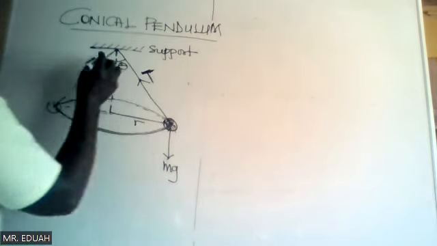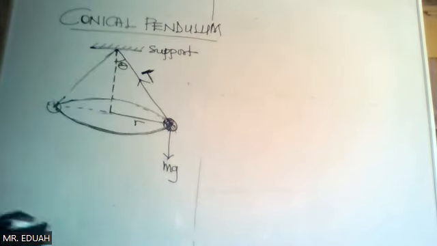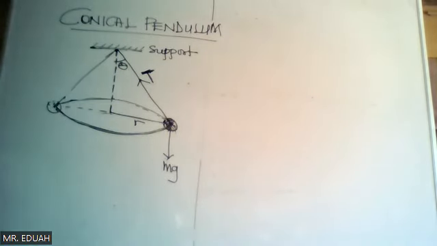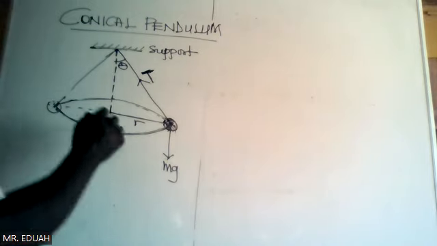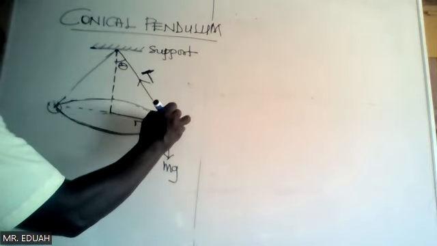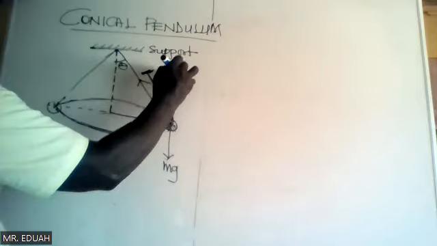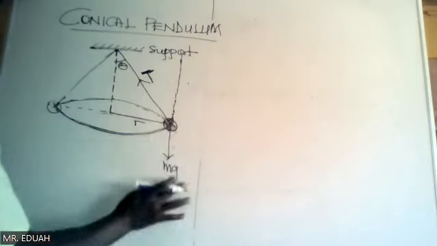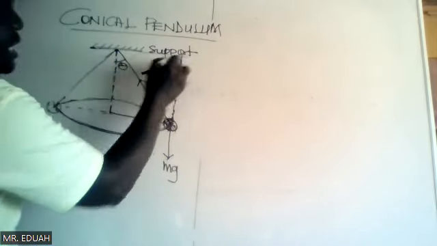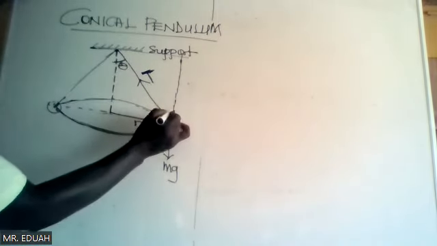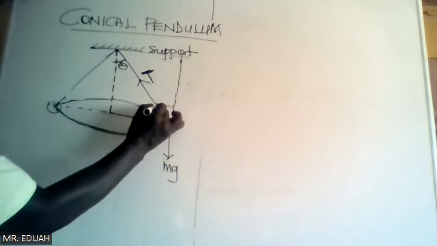Once the support is here, the tension is always directed towards the support. Okay. Now, if we extend this weight vector, we realize that this angle alternates with this angle.